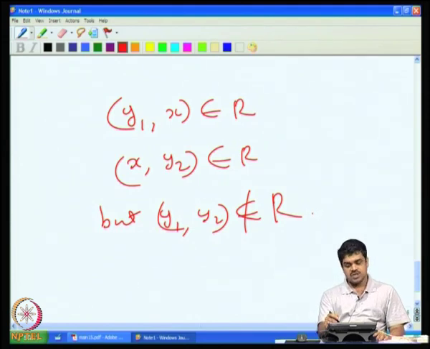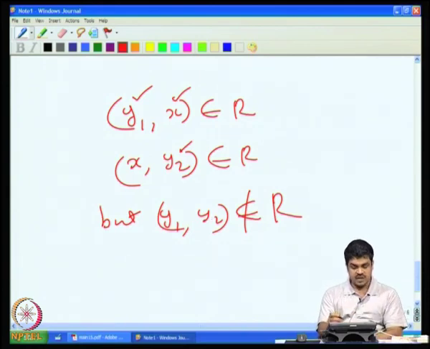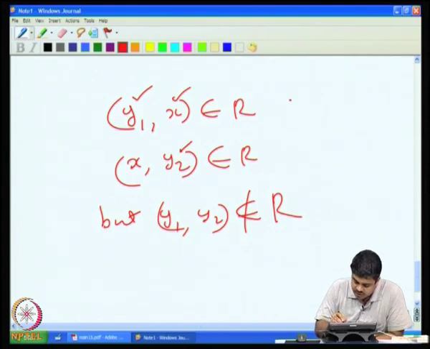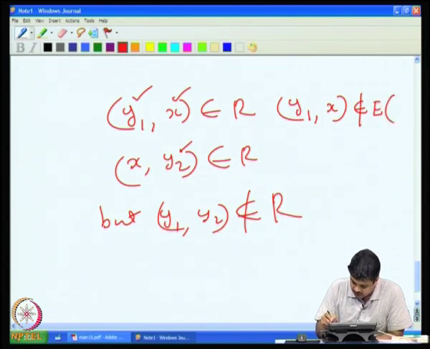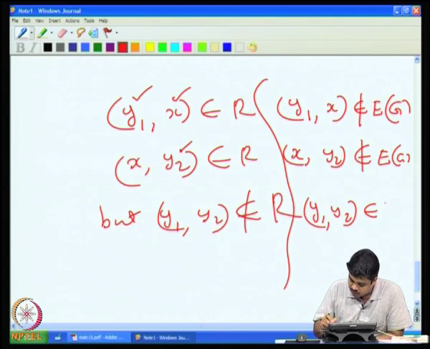But since we know that it is not an equivalence relation and transitivity is not true, we should be able to find some 3 vertices of this type. So, we have y1 x there, x y2 there, but y1 y2 is not there, which means that y1 x is not in the edge set of the graph, x y2 is not in the edge set of the graph, but y1 y2 is in the edge set of the graph.